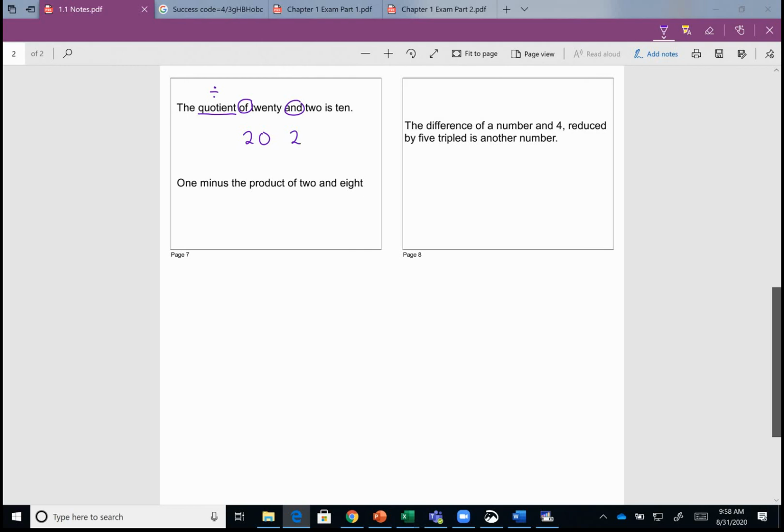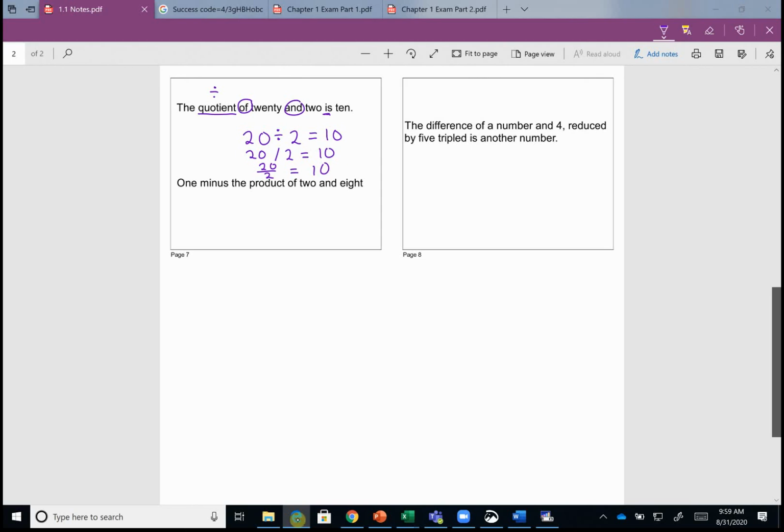So we need to do the quotient of those things. We need to divide those two things. And again, if you want to do the symbol with the 2 dots in the bar, if you want to do the slash, or if you want to do the fraction, you can. Is means equals, and then we have 10. You don't need to know all 3 ways. All 3 ways are acceptable. They are out there for division.